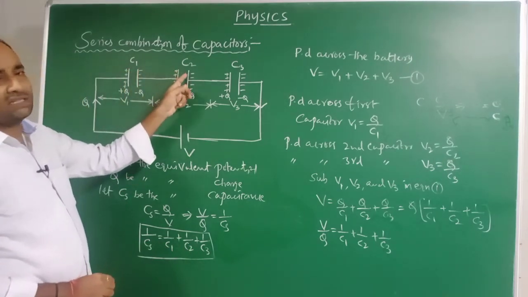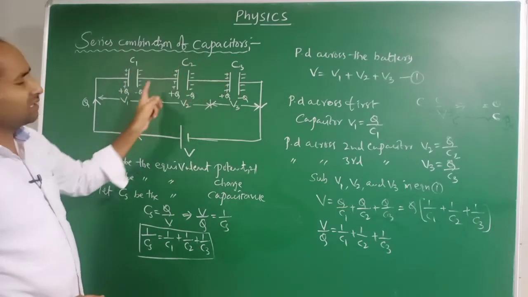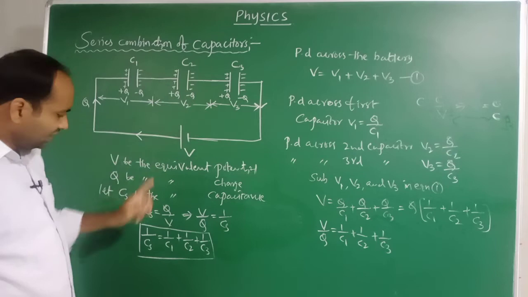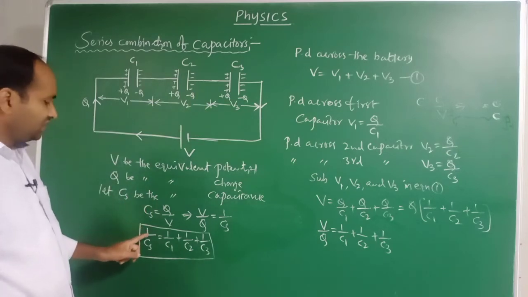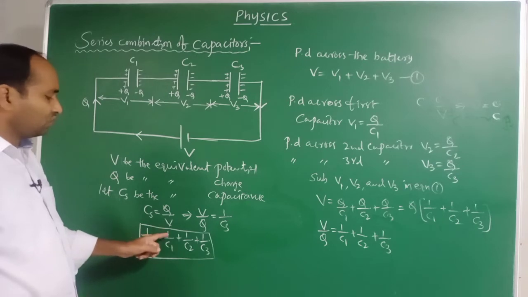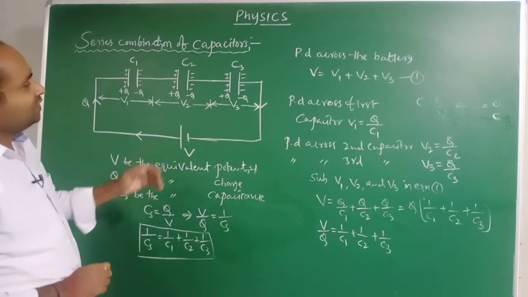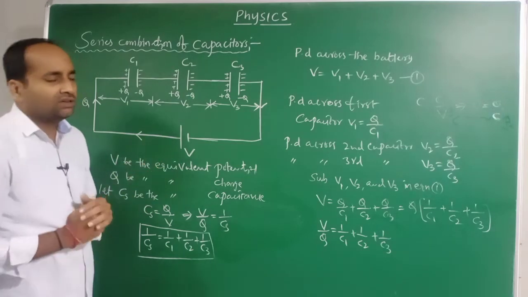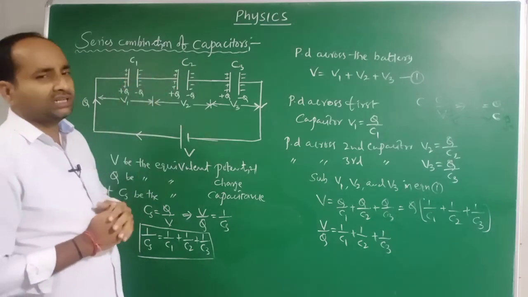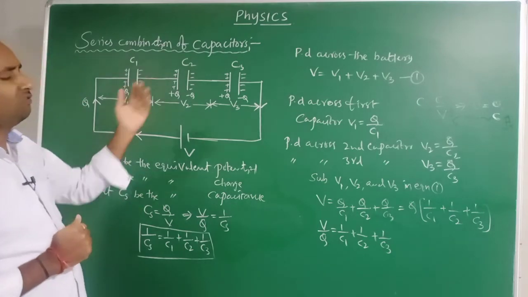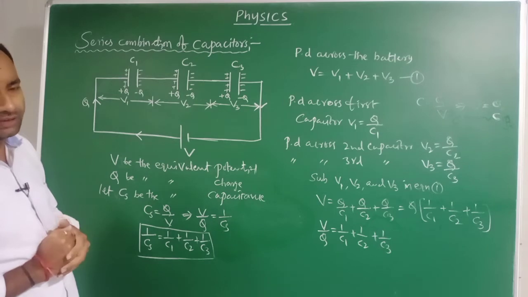When three capacitors of capacitances C1, C2, C3 are connected in series, the resultant capacitance is denoted by Cs, where 1 by Cs is equal to 1 by C1 plus 1 by C2 plus 1 by C3. For example, C1, C2, C3 may be some different values like 1 microfarad, 2 microfarad, 3 microfarad.